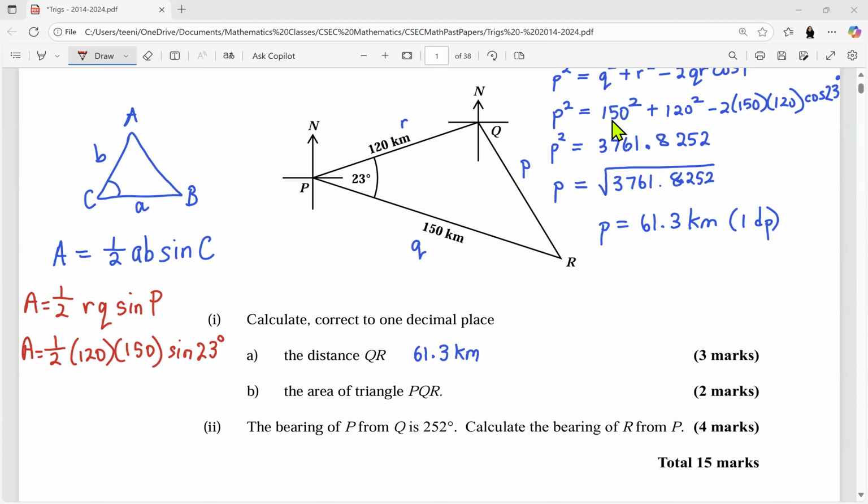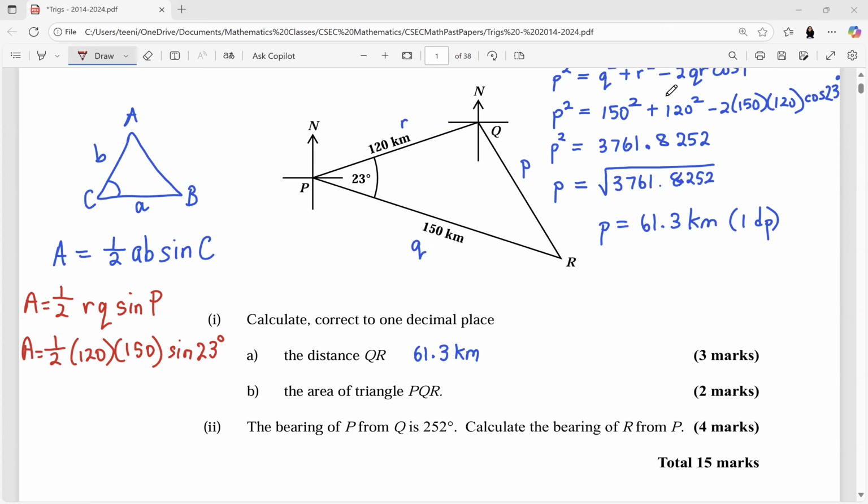Did you type in the half by 120 by 150 by sine of 23? I'm almost done typing it out. Zaydan, you're gone again. I heard you just now and then I'm not hearing you again. What's up? Where are you? I'm just typing it.